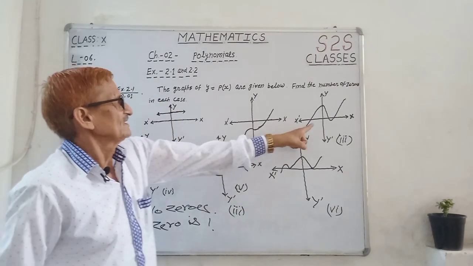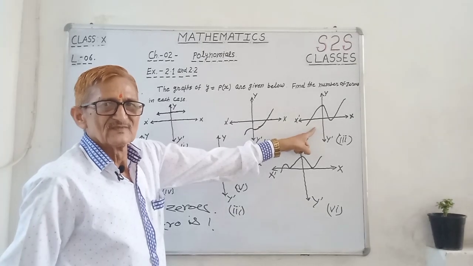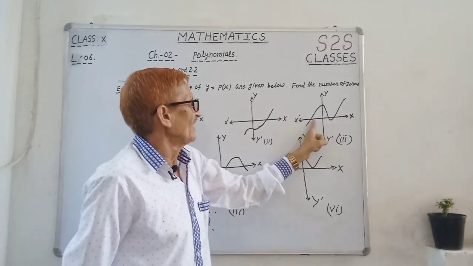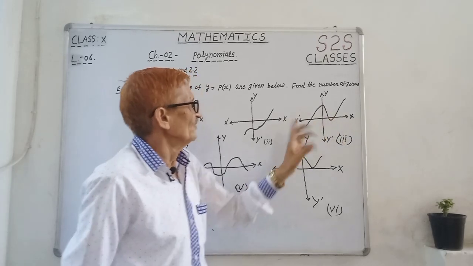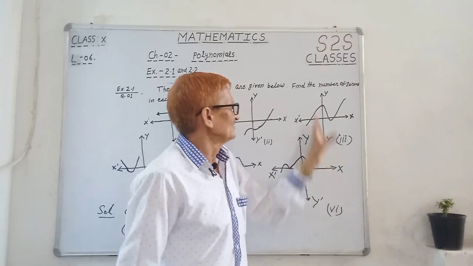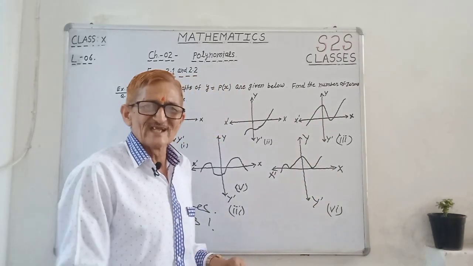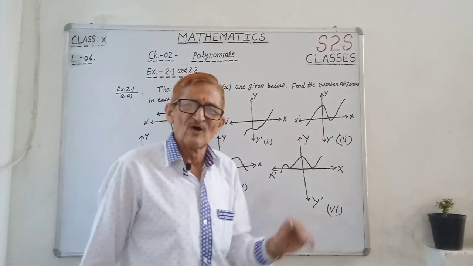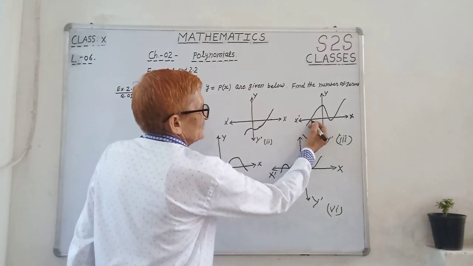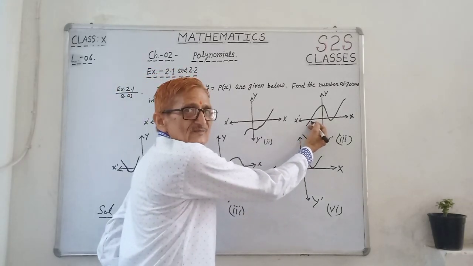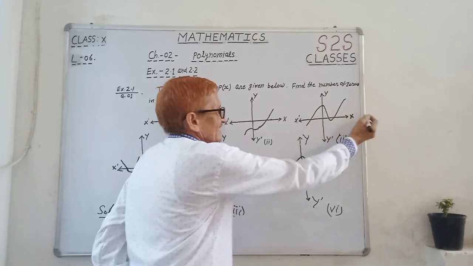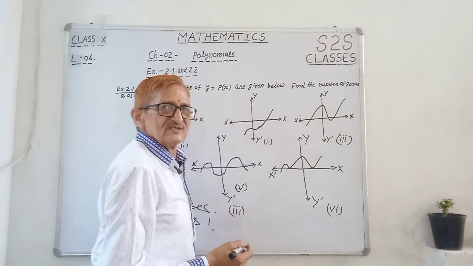Third part, how many zeros in the third graph? So how many points are cut by the graph on the x-axis? Count. 1, 2, 3. On the x-axis, how many points? Do not look anywhere else, not on the y-axis. Only check, count on the x-axis how many points are cut by the graph. That will be y-coordinate 0, and y-coordinate is called the polynomial value. और polynomial value 0 होती है इसलिए, और x-axis पर y-coordinate हमेशा 0 होता है.